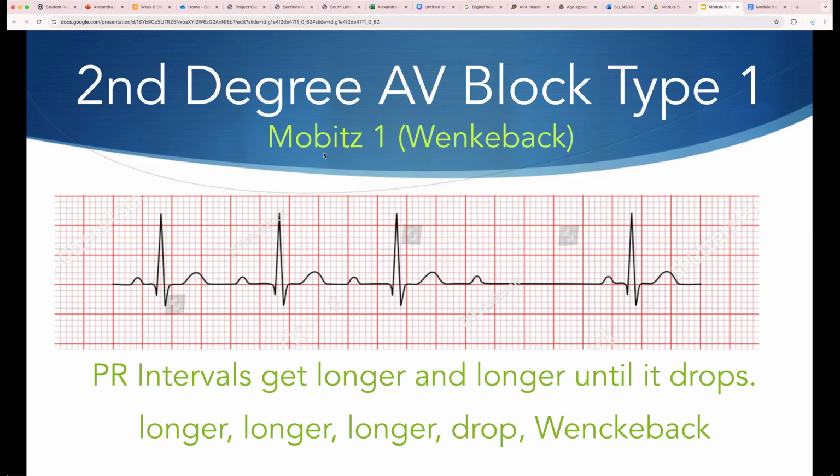So this is second degree AV block type 1. So remember, longer, longer, longer, drop, Wenckebach.